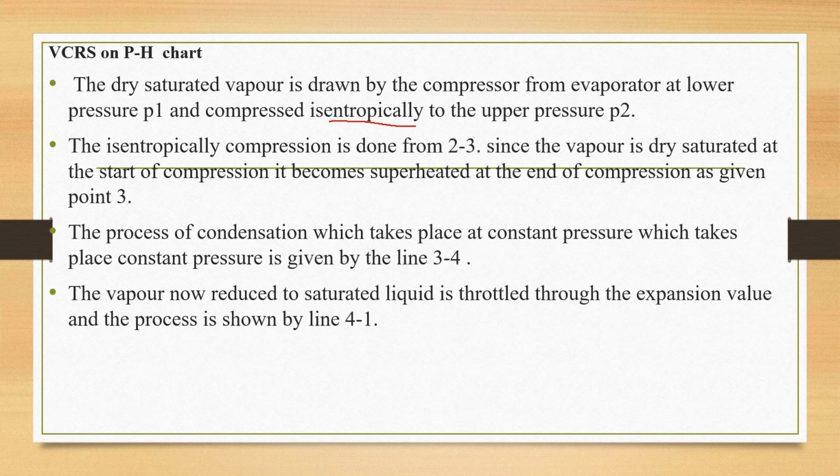Since the vapor is dry saturated at the start of the compression, it becomes superheated at the end of the compression at the given point. The process of condensation takes place at constant pressure, given by line 3-4. The liquid is then throttled through the expansion valve, and the process is shown by line 4-1.